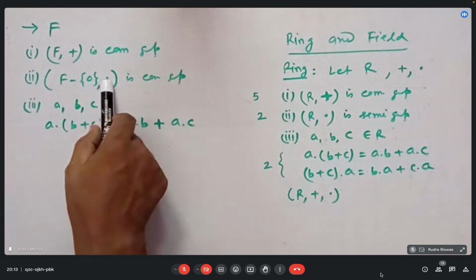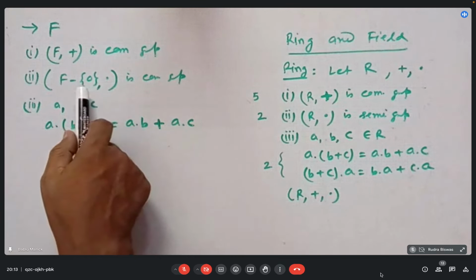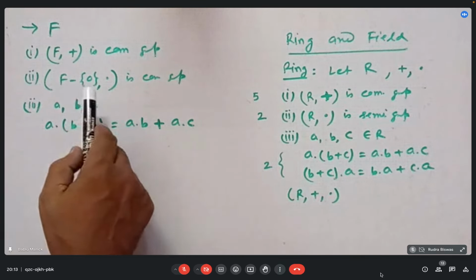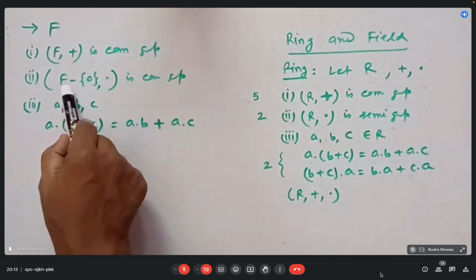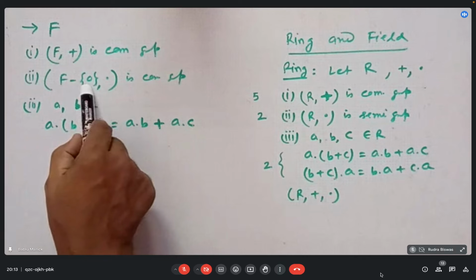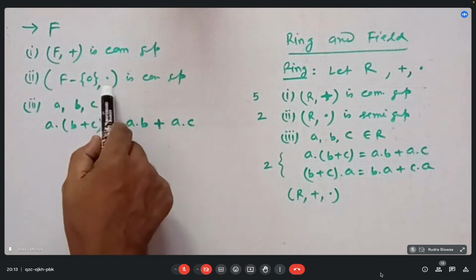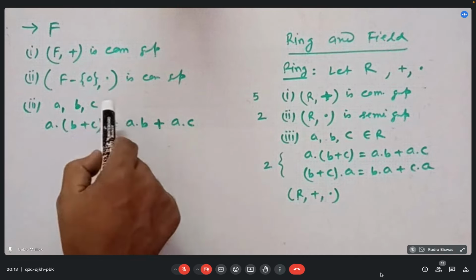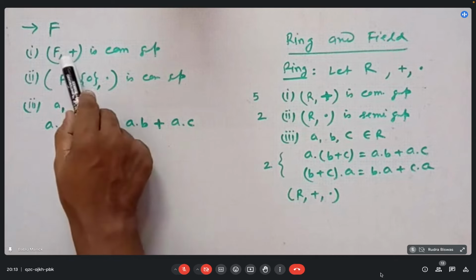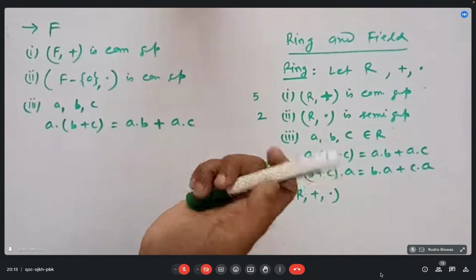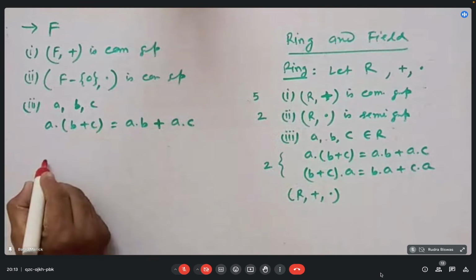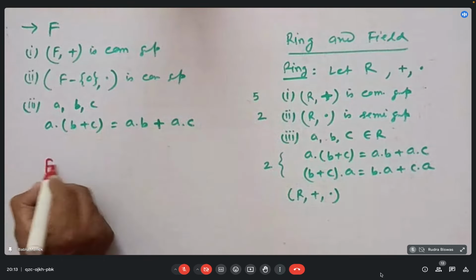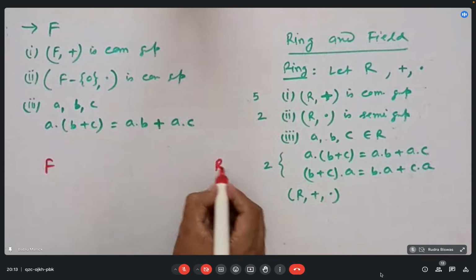For the dot operation I have excluded the identity element 0 from the F set because 0 has no inverse under the dot operation. This 0 is the identity element under plus. So here, see, this is field and here it is ring.